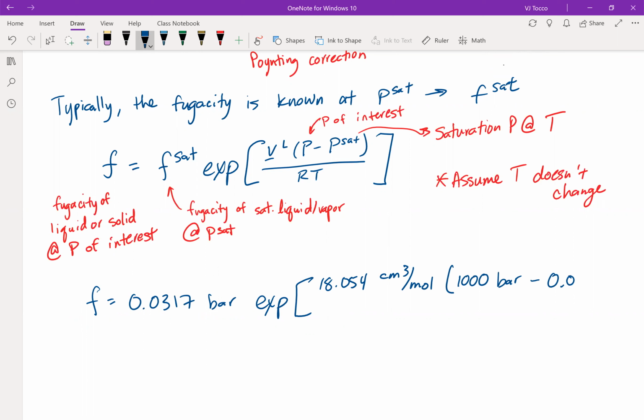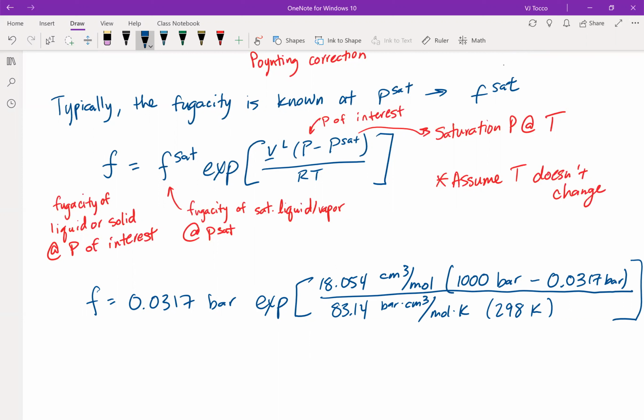Saturation pressure is 0.0317 bar. Over RT. Now the R that we're going to need is in bar centimeter cubed per mole Kelvin. So that's 83.14 bar centimeter cubed per mole Kelvin. And now we need the temperature in Kelvin. So that's 25 plus 273, so 298 Kelvin.